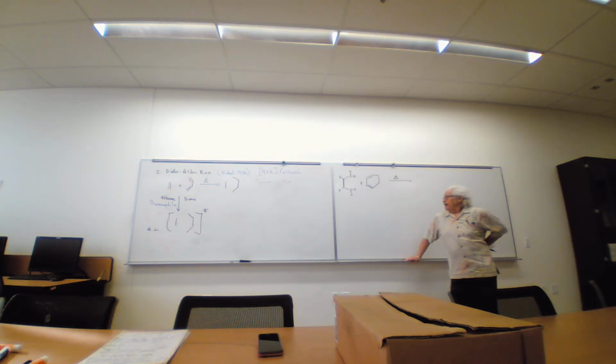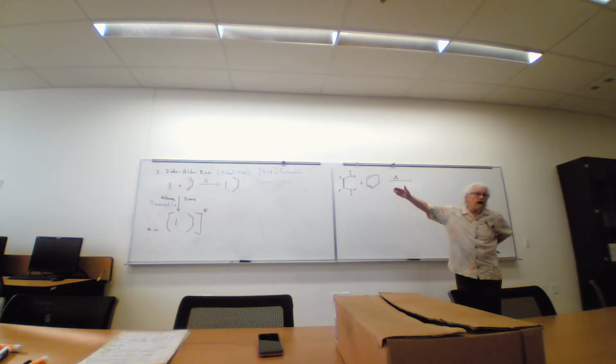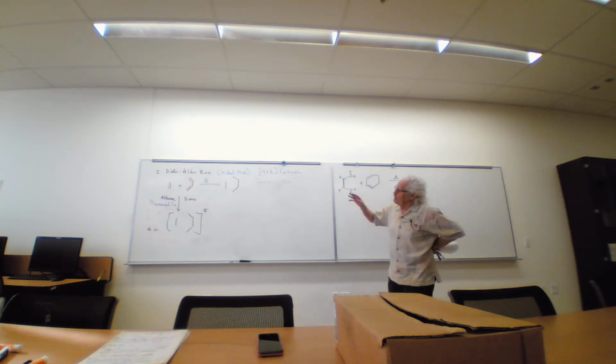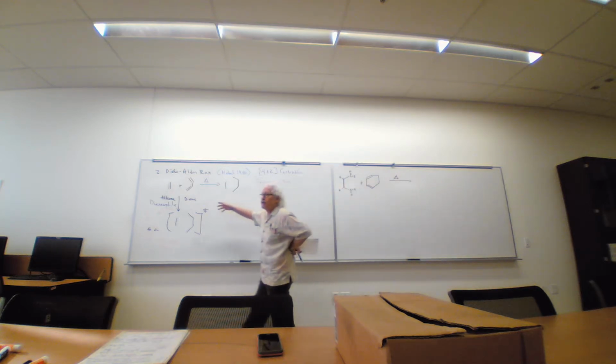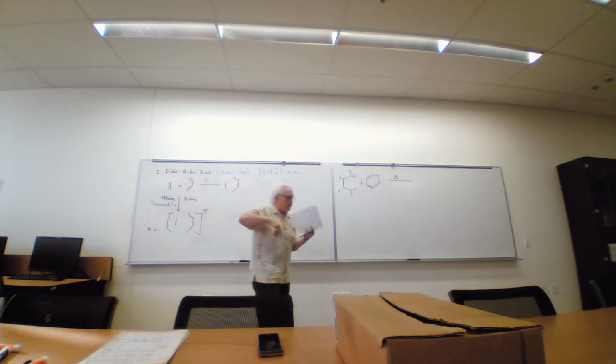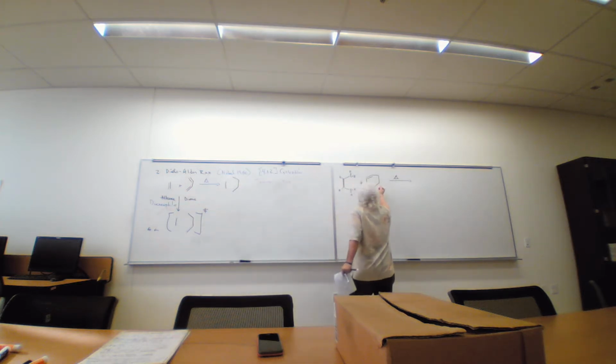I want to write the product, and I can do that already because I memorized the simplistic view of how the reaction is going to go. I didn't memorize the mechanism, I don't know it for sure yet, but I memorized the simplistic view. What am I going to do? I'm going to take the end of this and attach it here, and the end of this and attach it there.